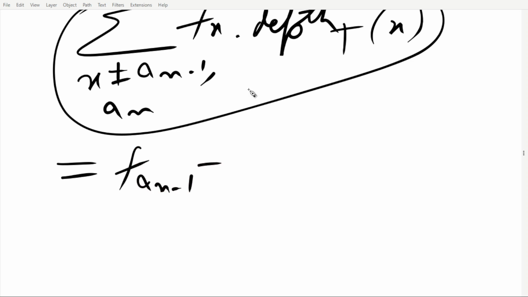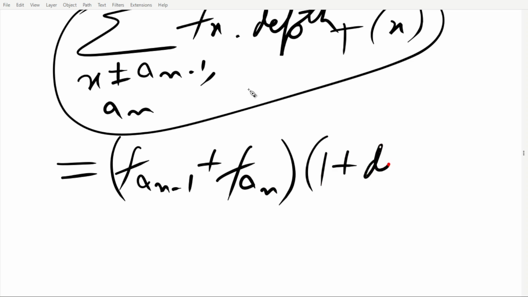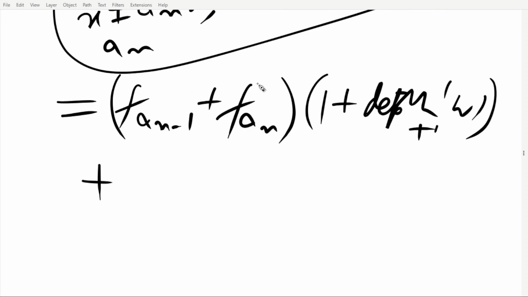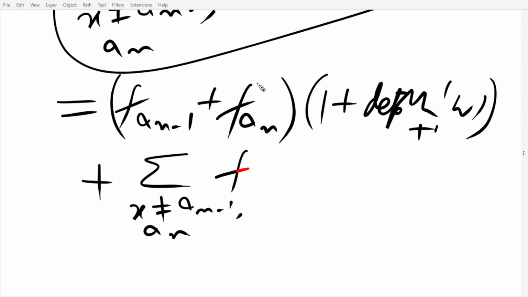So we write this as f an minus 1 plus f an, both having depth 1 plus depth in tree t prime of w, plus the remaining expression. So the remaining expression we can easily convert to t prime, both are identical: x not equal to an minus 1, an, fx times depth in t prime of x.